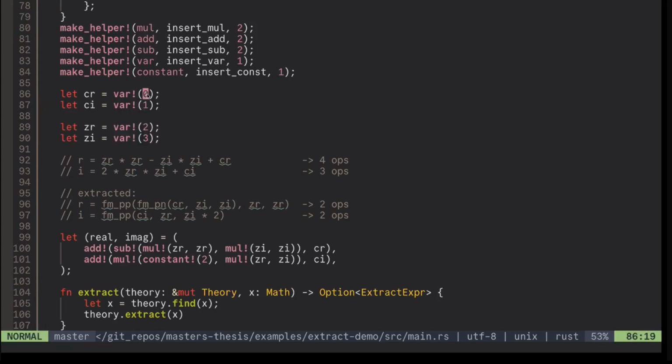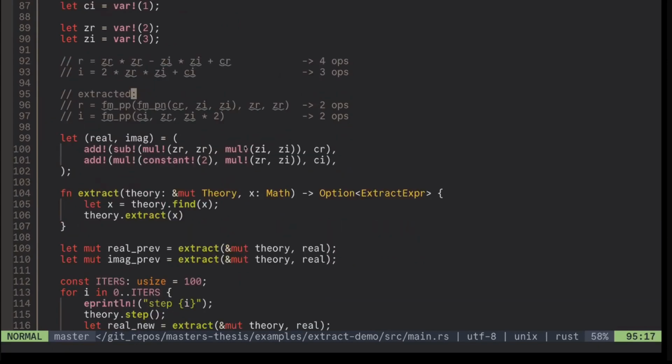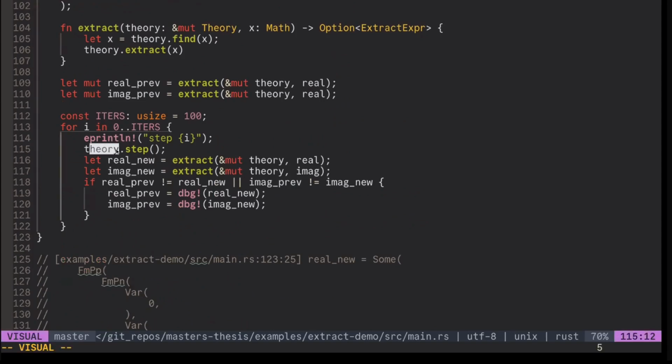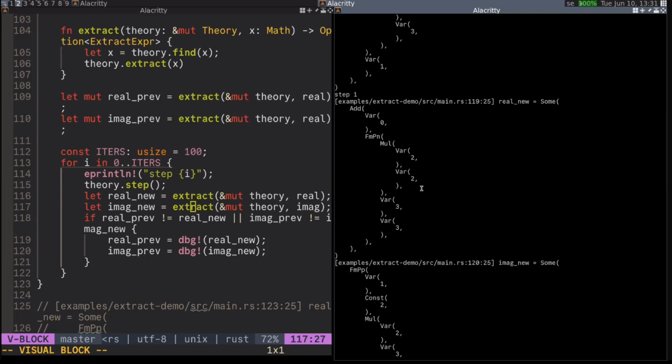Instead of having a name for a variable, you have variable ID 0 to 3, and this is the computation we're doing. In a loop, we apply our rules once and then canonicalize, and then we try to do an extraction of both of the expressions that we care about. If we run this, I only print when we get new ones.